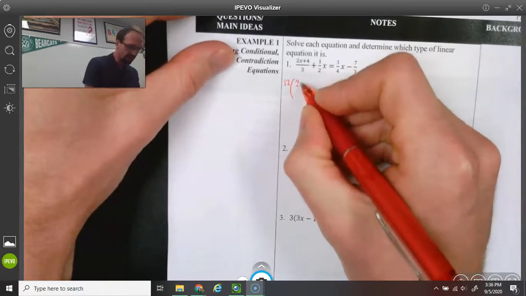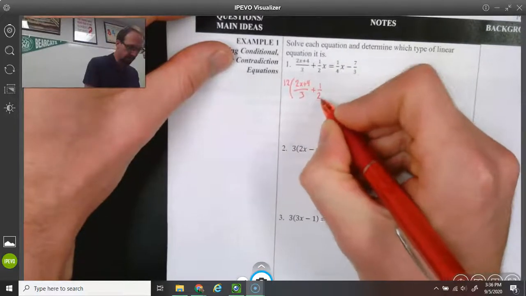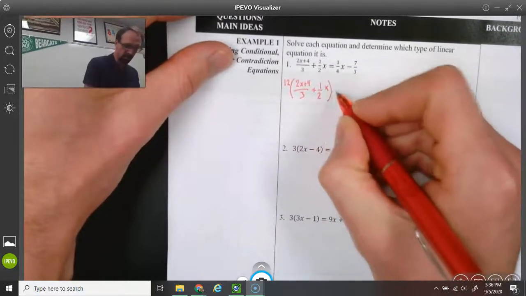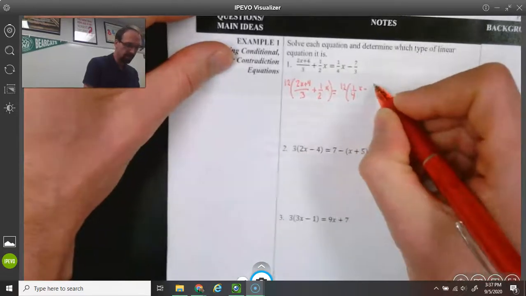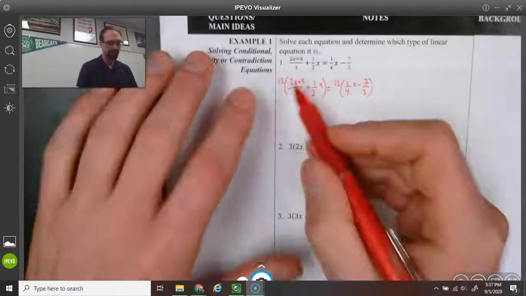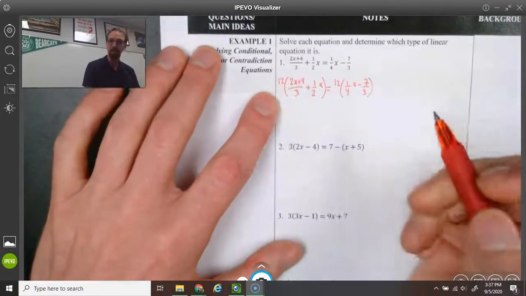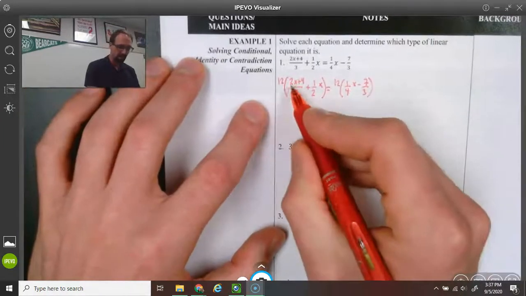That's going to be 12 times (2x plus 4) over 3, plus 1/2 x. x is in the numerator. Equals, again, 12 times 1/4 x minus 7/3. So when I multiply through by 12, I'm multiplying each term by 12. I'm actually not going to distribute into each part of here.